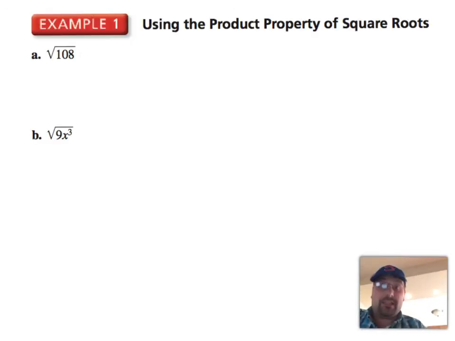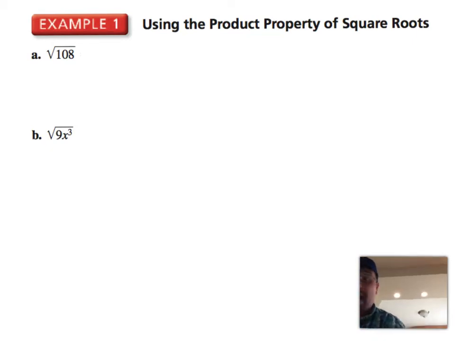So let's start with example number 1. Let's simplify the square root of 108. What you have to do is think of in your mind, what is the biggest perfect square that is a factor of 108? So you can say, does 4 go into 108? Does 9? Does 16?